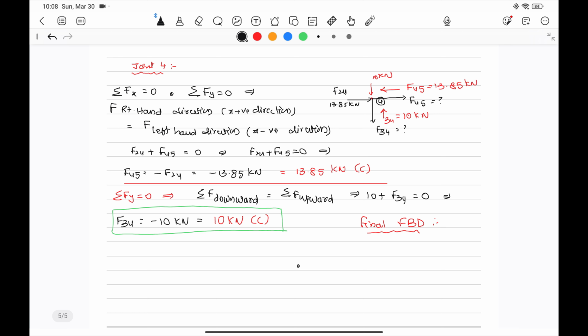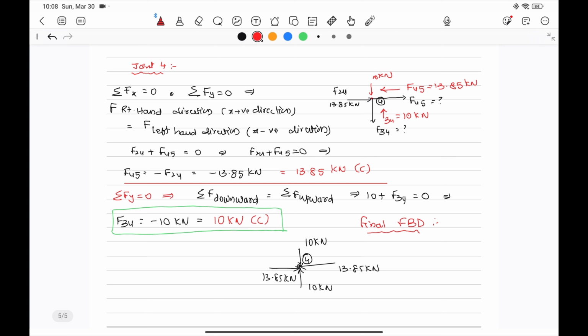this is the joint. For F45, that is equal to 13.85, rather we will not write F45 and all those, 13.85 kilonewtons, and this is 10 kilonewtons, and this is 10 kilonewtons, and F24 is 13.85.